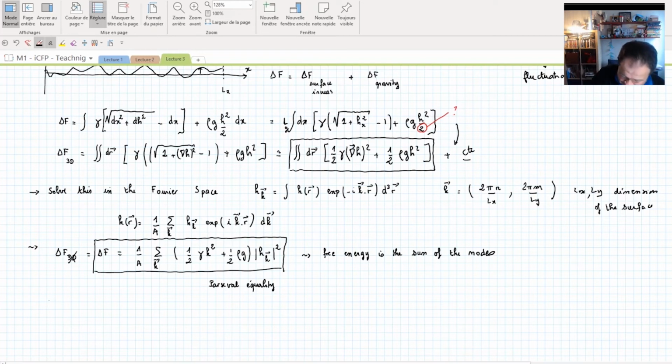Well, sorry for that. And here, what is interesting is that the free energy is proportional to the amplitude of the modes to the power 2. Yeah, to be completely honest, I never thought about it like that.